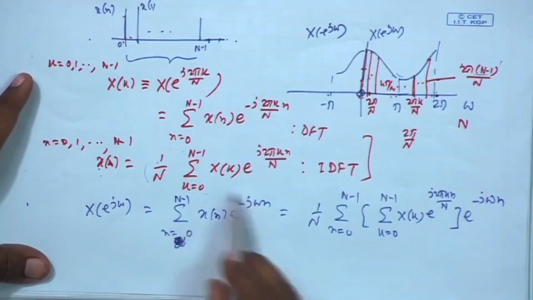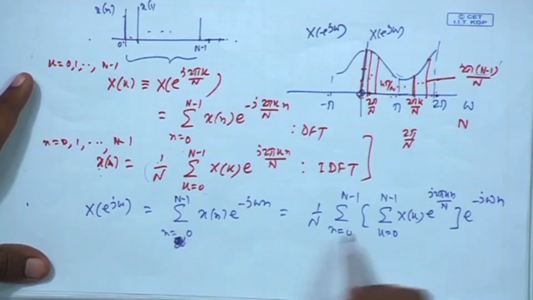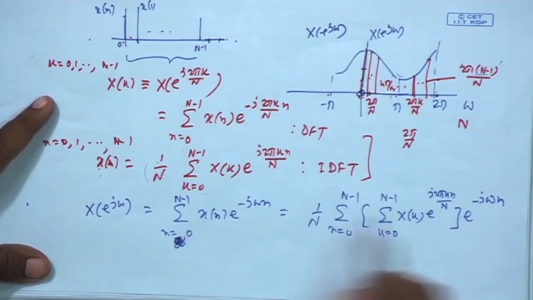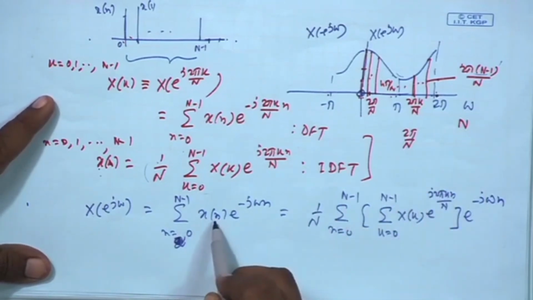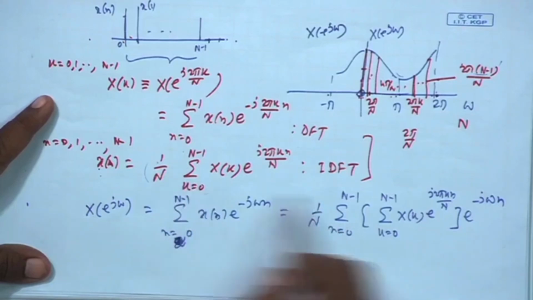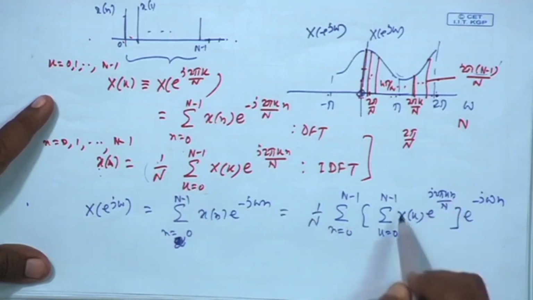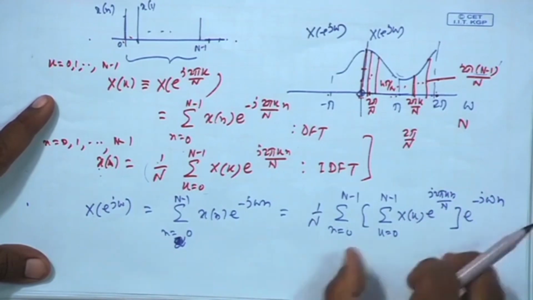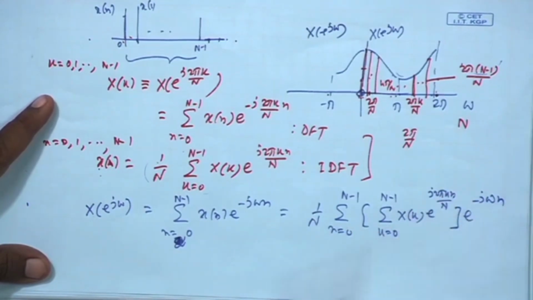This DTFT summation was over n. So, x n is given; every time you pick up one small n, that n is fixed. So, x of that n is this summation, 1 by capital N outside this summation, where you put that small n and run the summation over k. So, this will give you x n into this.